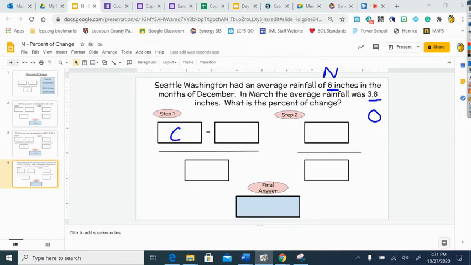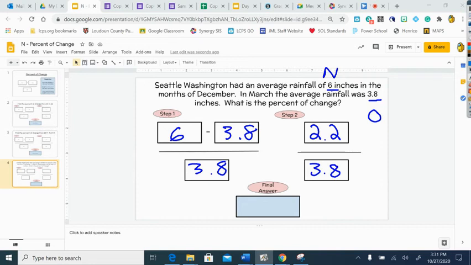So we'll do new 6 minus the old 3.8 divided by the old 3.8. If I subtracted 6 minus 3.8, I got 2.2. And now I have 2.2 divided by 3.8.